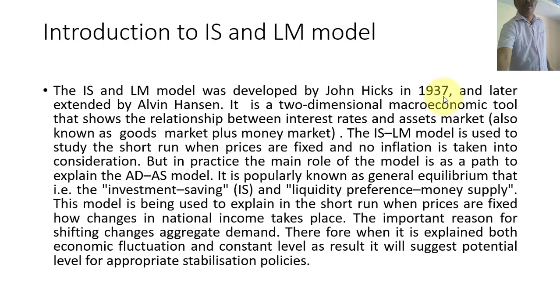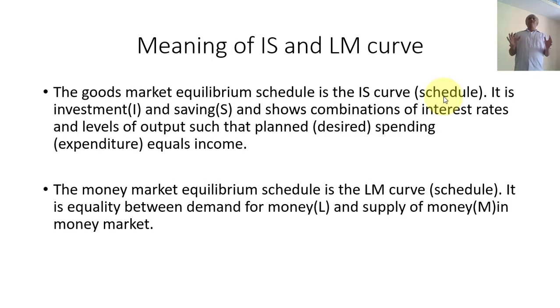Next, the meaning of the IS and LM curve. The goods market equilibrium schedule is called the IS curve. It is the relationship between investment and saving. It shows the combination of interest rate and level of output such that planned desired spending is equal to income.